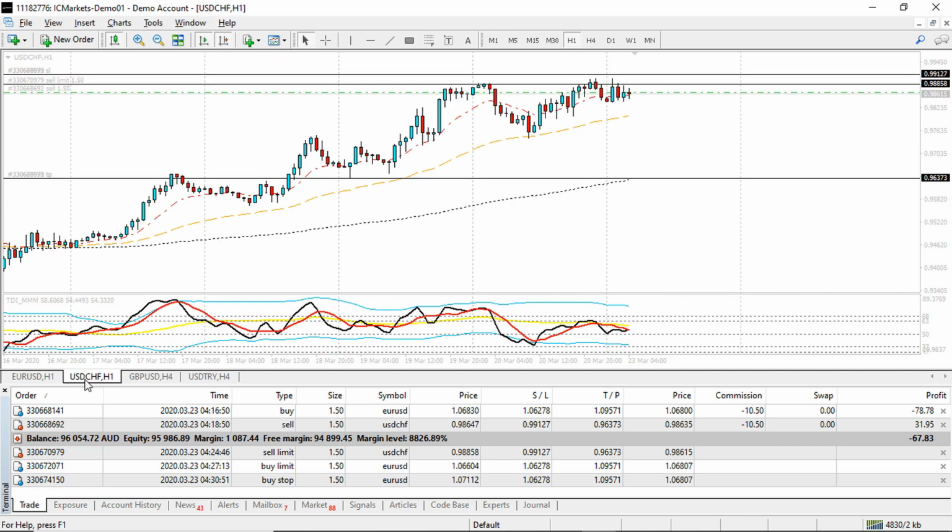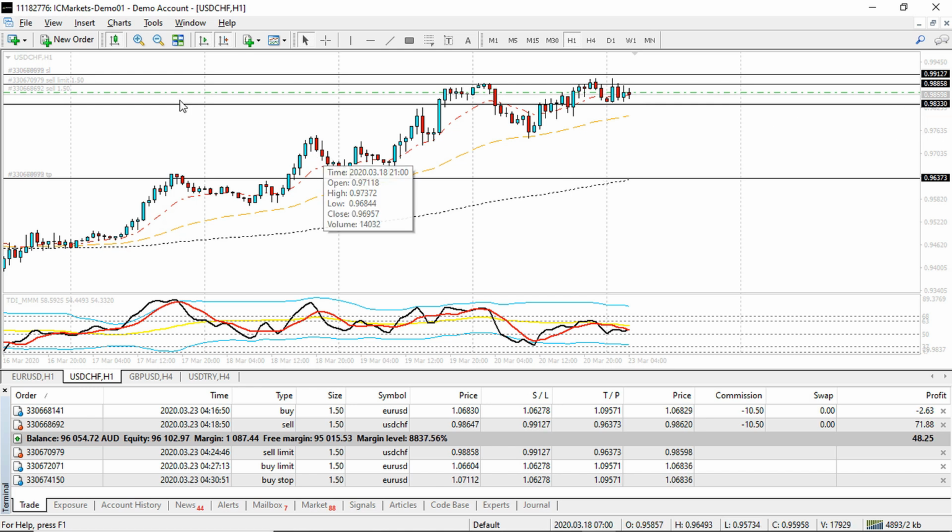So on USD CHF, let's try doing a sell stop as well. So for a sell stop, we have to wait for price to keep selling, pick us, and then continue selling. So then we put our sell stop order at a price level below the current market price. So let's put it at 0.98330.